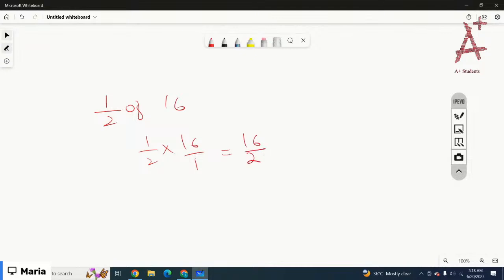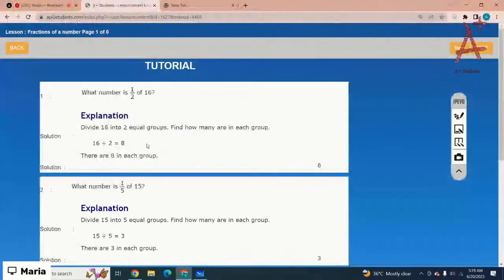Got it? So 16 divided by 2: 2 times what number is 16? 2 times 8 is 16. So it would be 8. Got it?